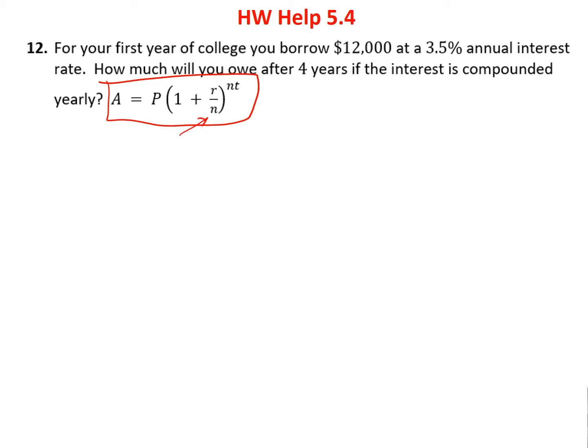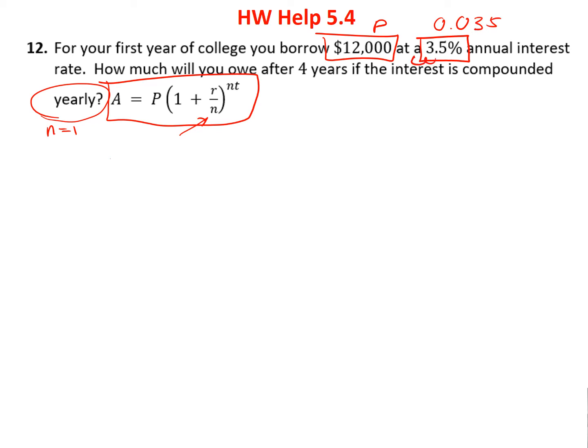So if you did monthly, you would put n as 12, but in our case, we're doing this annually, so n is simply 1. All right. So in this case, our principal here is 12,000, and our rate is 3.5%. But remember, whenever you use it mathematically, you need to change it to 0.035. Move this over twice, and that's our rate.